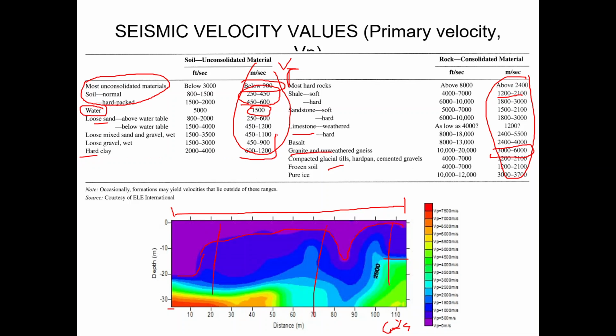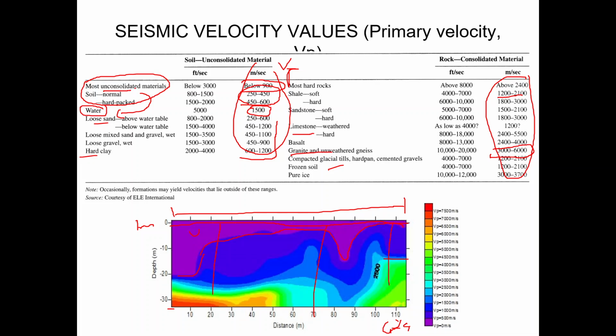So based on that, in this case, if your ground is saturated, let's say you do this test study where the groundwater table is very shallow, 1 meter like at UTHM, it means the velocity here must be around 1000, because the velocity is a combination of soil, unconsolidated material, and the water.